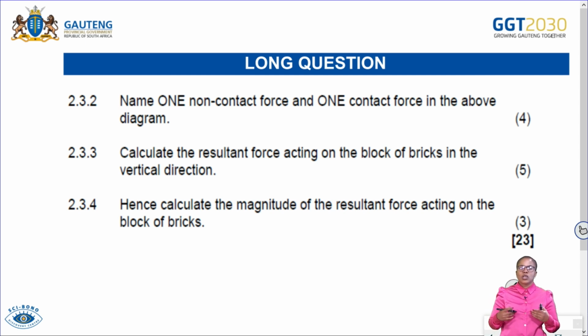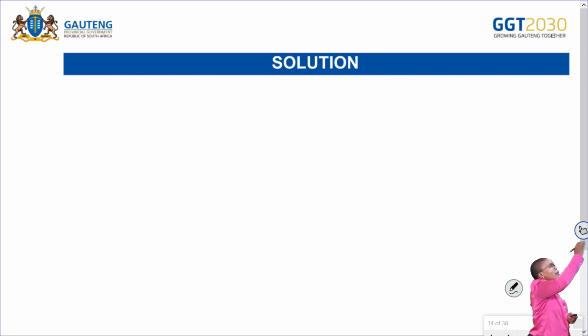This is us reminding you to be able to define contact and non-contact forces. With a contact force, you have to come in contact with the object that you are exerting a force on. Let's write it over here so that you can see.